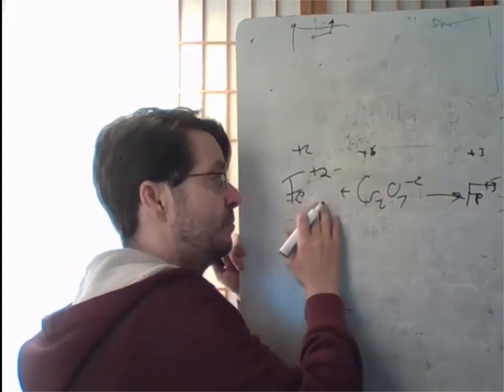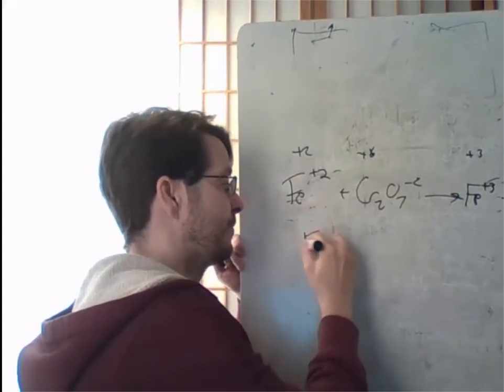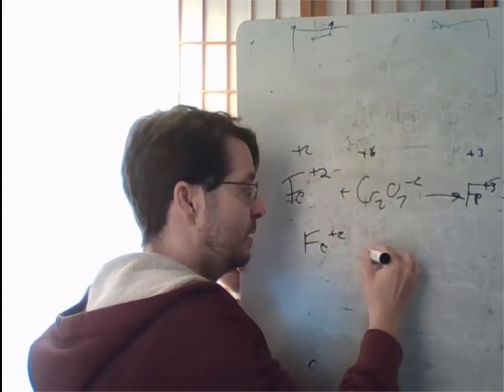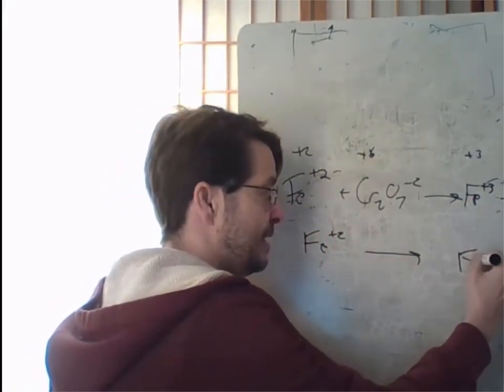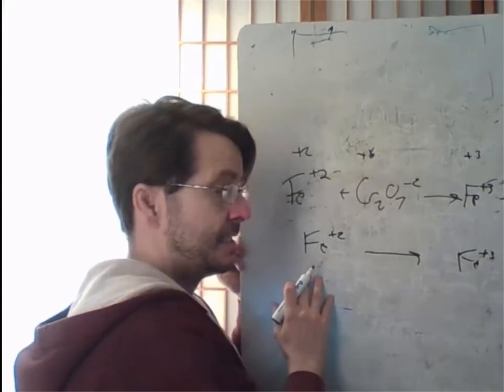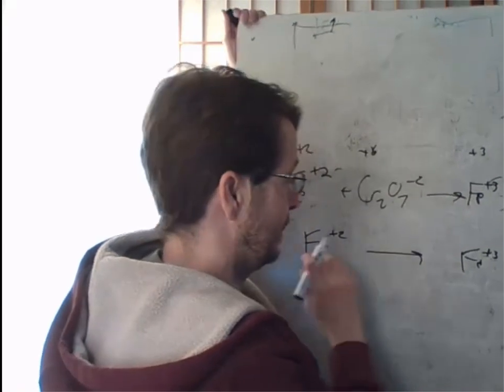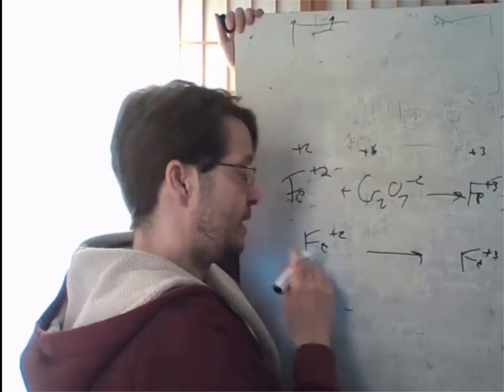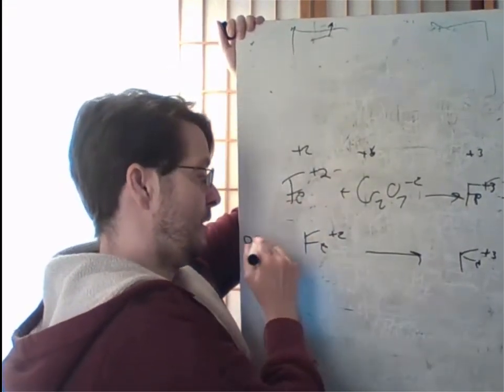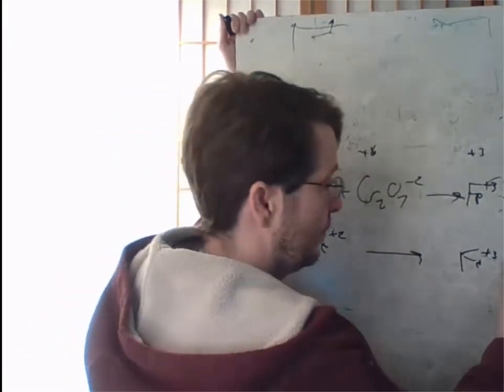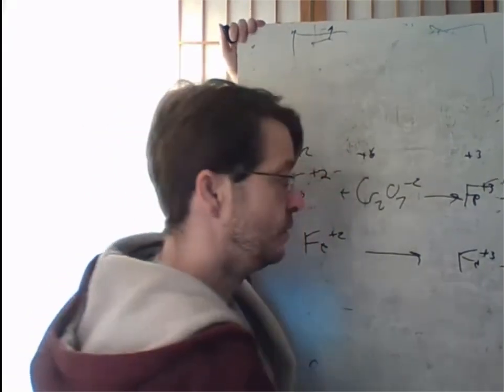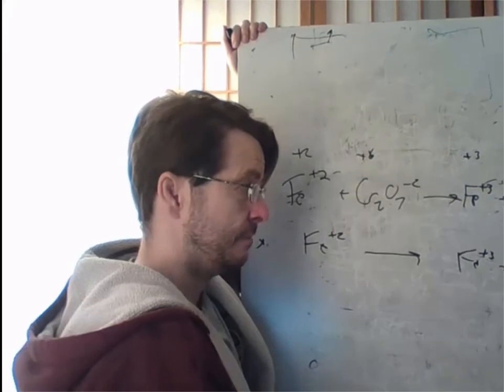Again, the iron is going from +2 to +3, Fe+2 going to Fe+3. That is our oxidation. And so we think of this as lose electron oxidation. And how many electrons does it lose? It loses 1.